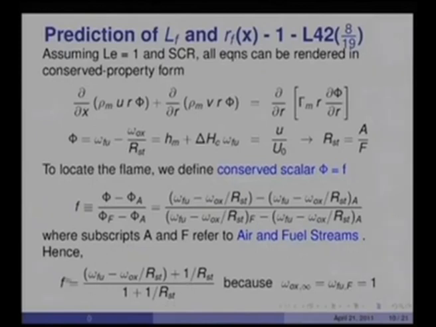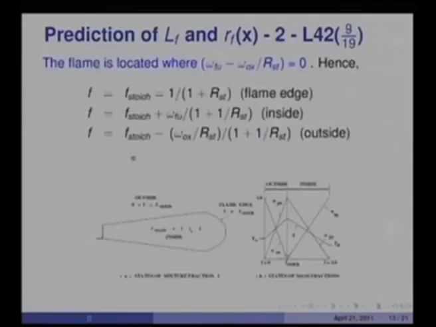So, essentially F is often called the mixture fraction, and can be given as (ω_fu − ω_ox/RST + 1/RST) divided by (1 + 1/RST). This is by taking phi equal to ω_fu − ω_ox/RST. Now, the flame is located where ω_fu − ω_ox/RST is 0, that is where the fuel and oxygen are in stoichiometric proportion, which, as we have seen, means ω_fu will be equal to ω_ox/RST.